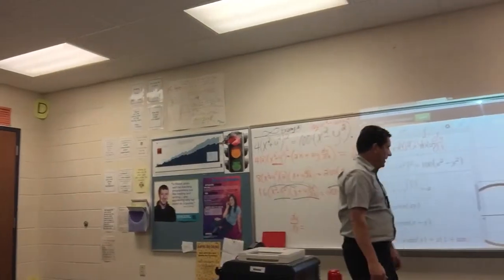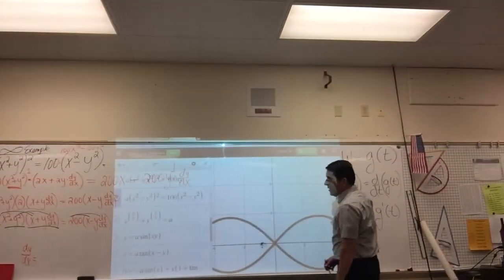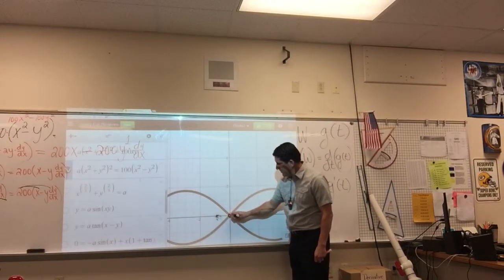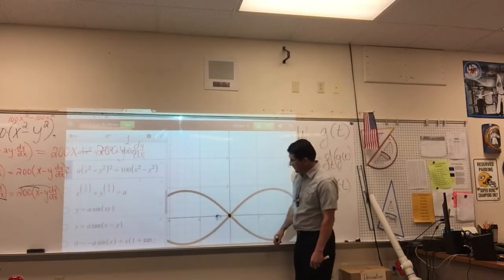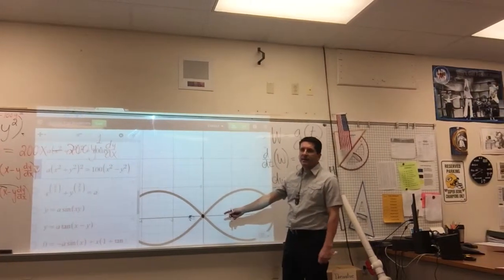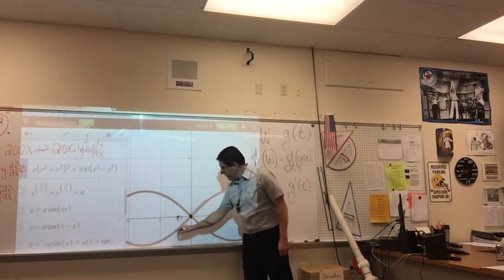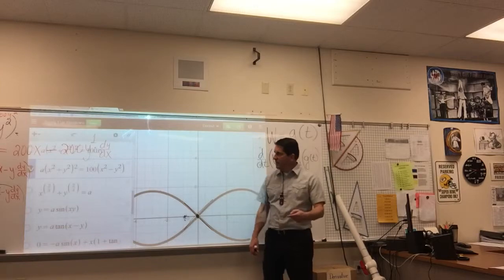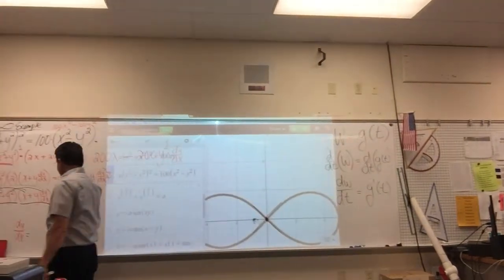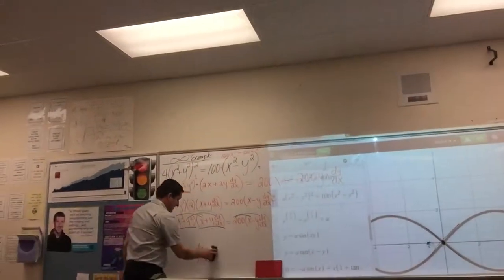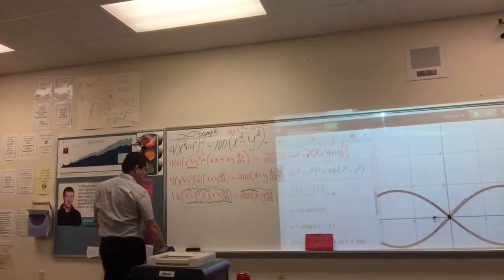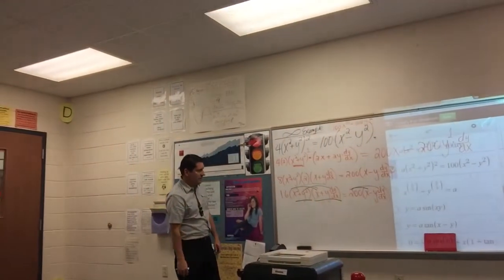Wonder if there's any known values. Oh yeah, look at this. 0, 0. I wonder what it's going to do with that. Because the slope could either go here or the slope could be here, but the coordinates are the same. So I have no idea what it's going to do. Okay, so we're going to plug in 0, 0 and see what happens.